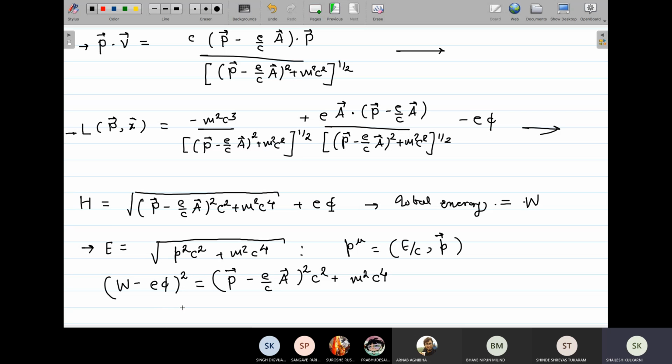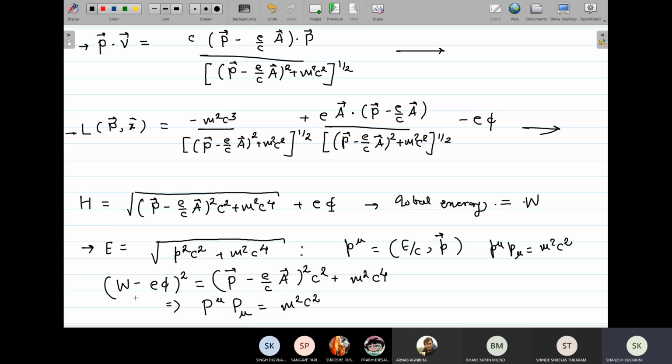From this I can take this c here and rearrange, so I can write this as P mu P lower mu equal to m squared c squared.